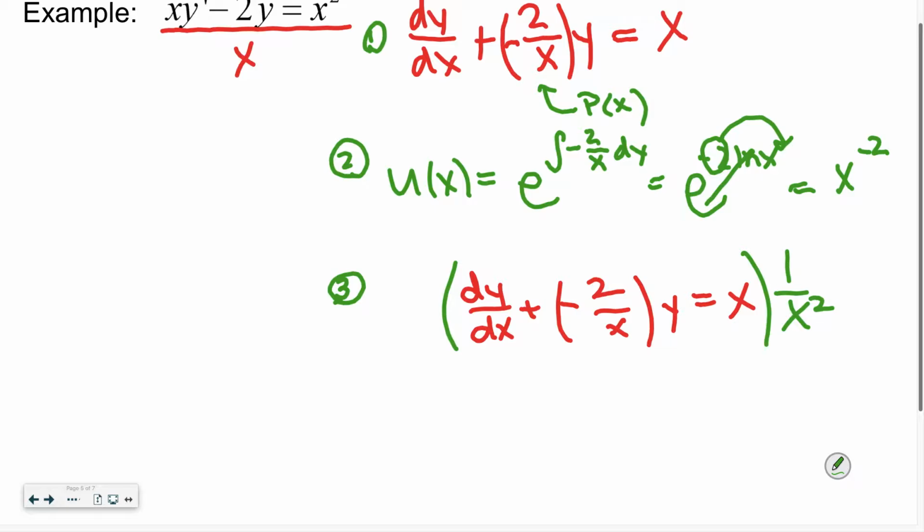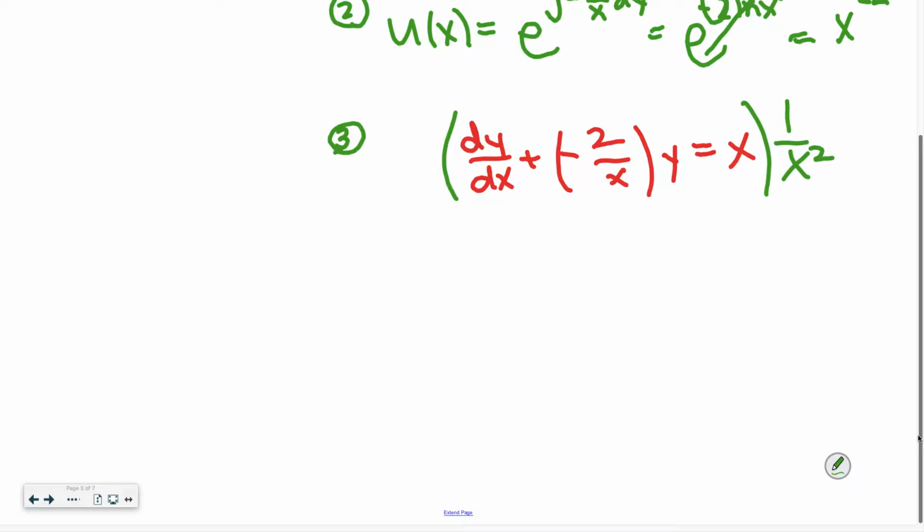I feel like I'm going to be a lot more successful, me personally, if I write it that way. So we get 1 over x squared times dy dx minus 2 over x cubed times y equals 1 over x.